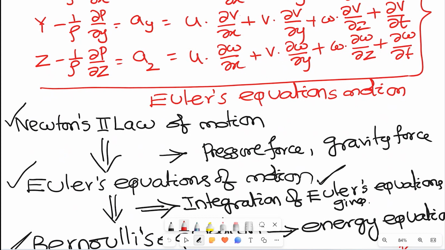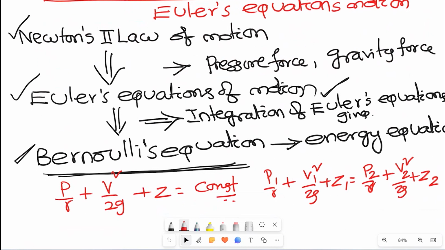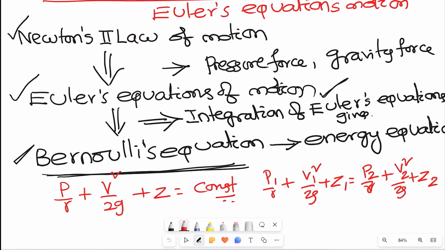So what we need to do, if we integrate these Euler's equations of motion, then we get the equation of energy which we require. That energy equation is the Bernoulli's equation. This is what we want.